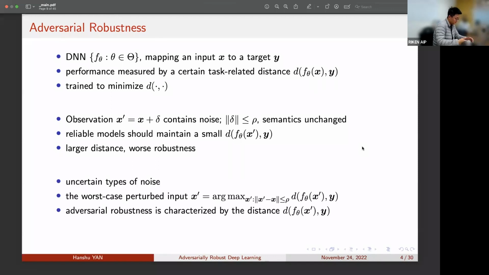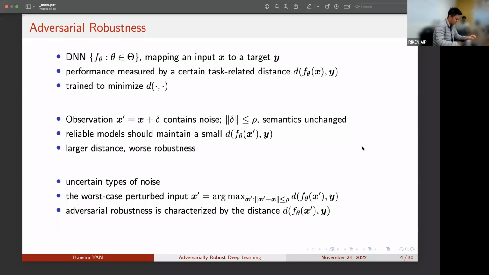But in the real world, we do not know the statistics or mathematical properties of the noise. So we need to consider the worst-case perturbation that is added to the original signal. The worst-case perturbation can be defined by an optimization problem, in which we want to find some perturbed version of x in the neighborhood of x, which maximizes the difference between the original output and the current output.